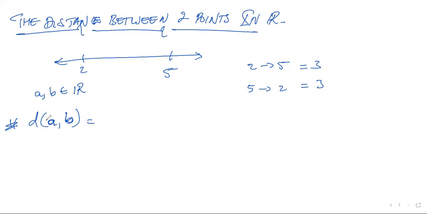So the distance between A and B is equal to modulus of B minus A, because by assumption we assume that B is bigger than A. And it should be the same as modulus of A minus B. That distance should be the same.